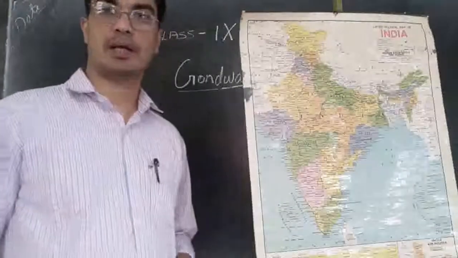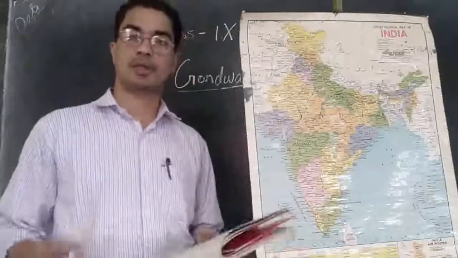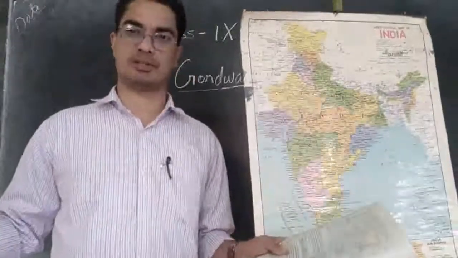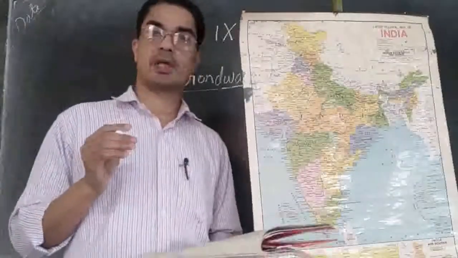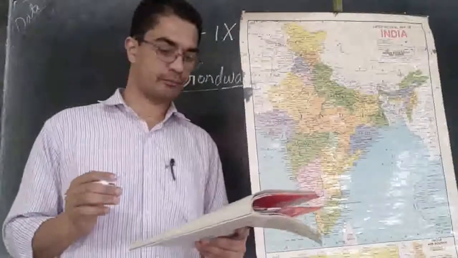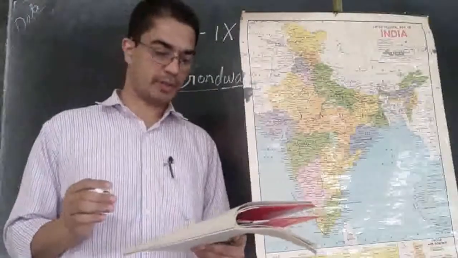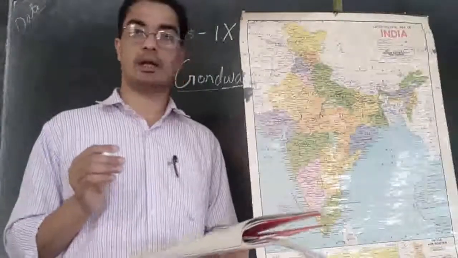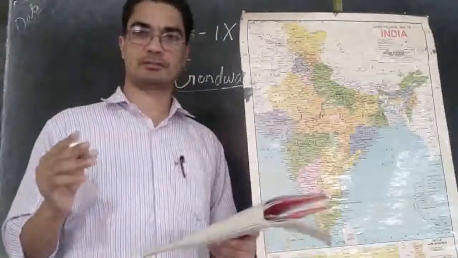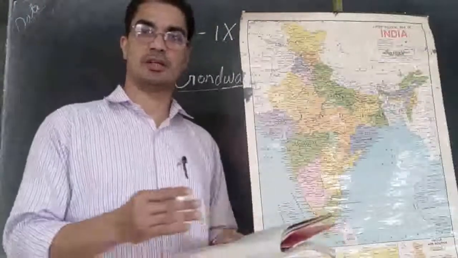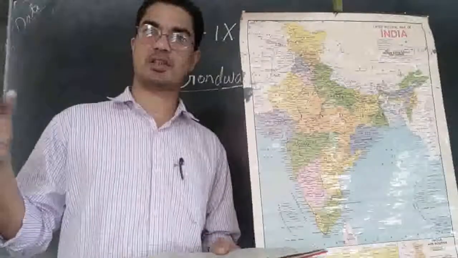When we say Gondwana land, in olden times, several millions of years ago, it was such a large or huge landmass. For example, the Gondwana land included India, Australia, South Africa, South America as one single landmass. Now all these are different continents. India is in one continent, Australia is in another continent, that itself is a continent, then South Africa, South America.